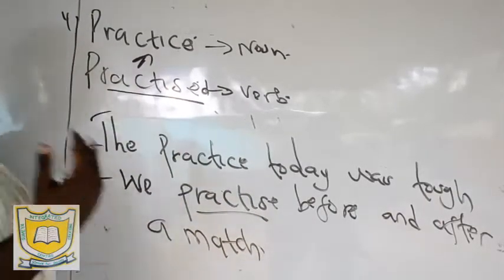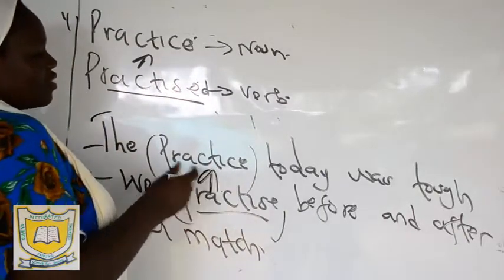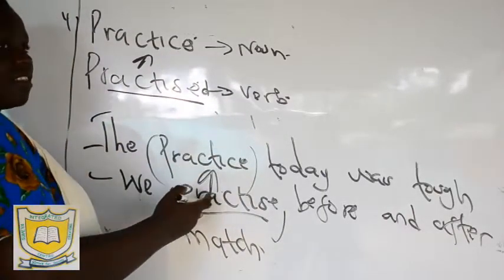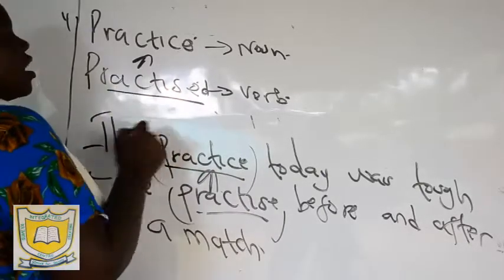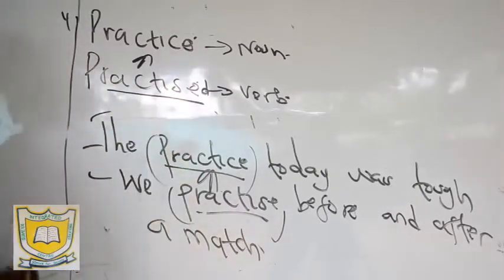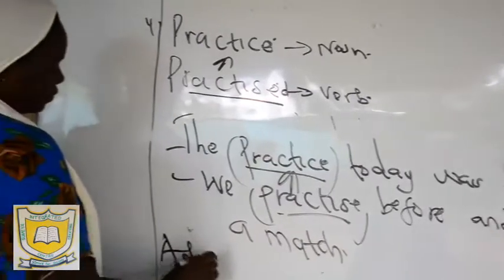An action is a verb. The action you do before a match. And what entails the action is what we call practice, whatever is in the practice. So you have practice with a C is a noun, and practice with an S is what? Is a verb.